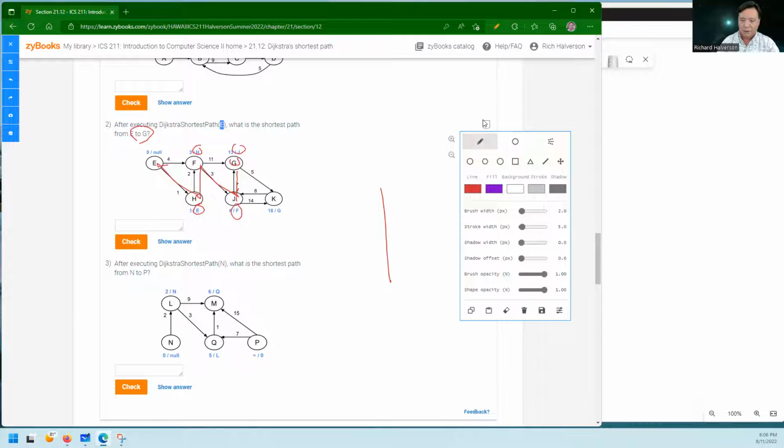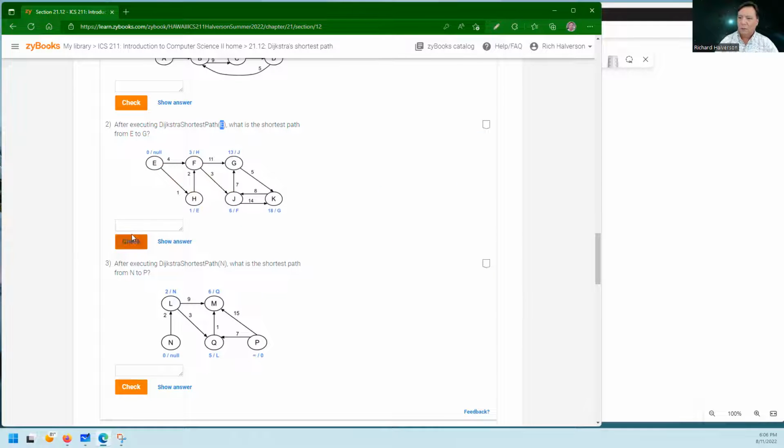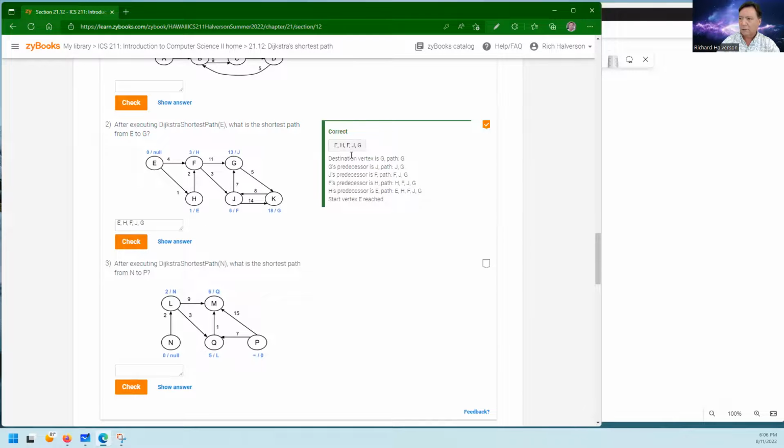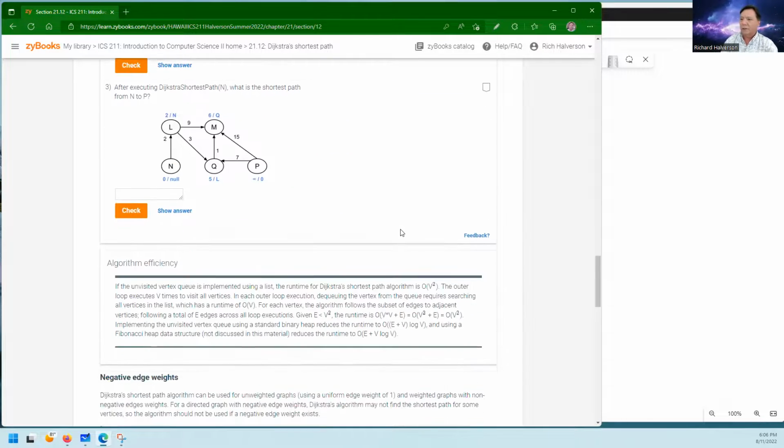So the answer would be the shortest path is going to be E, comma H, comma F, comma J, comma G. Yes. So anyway, that's how that works.